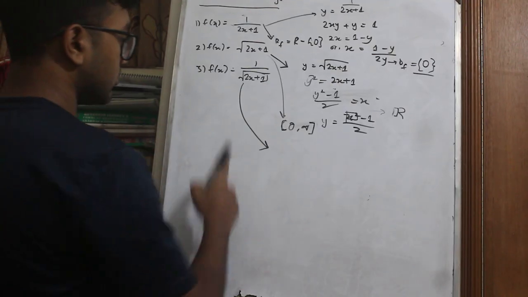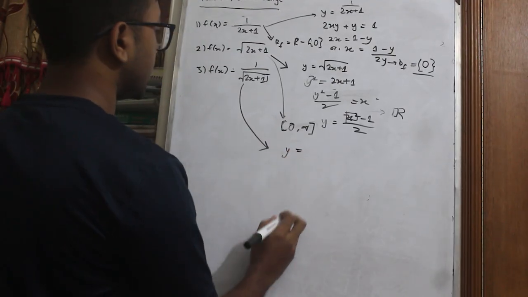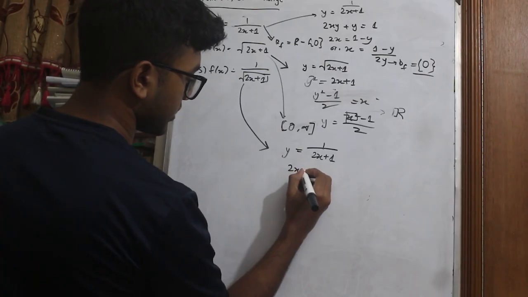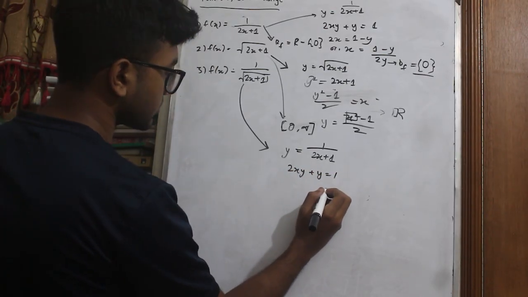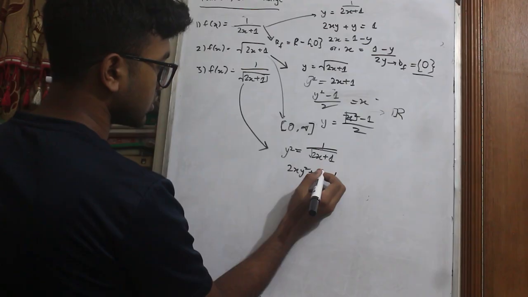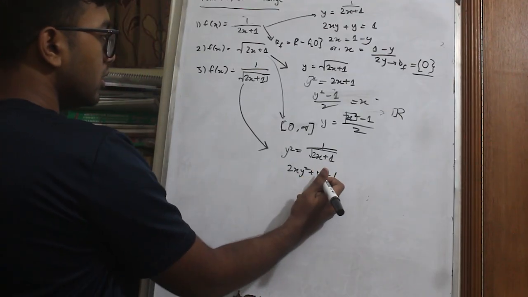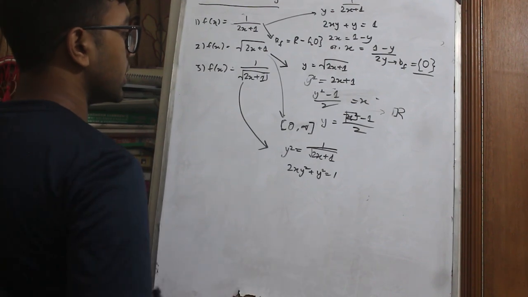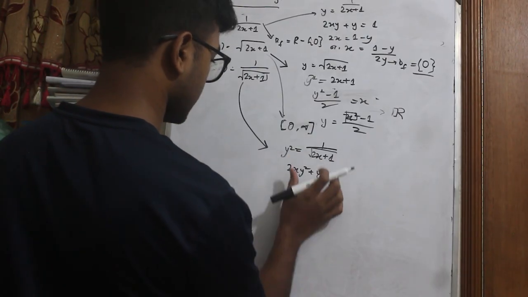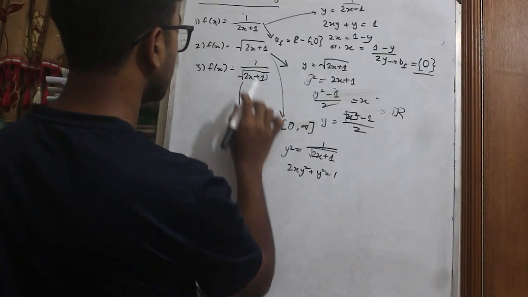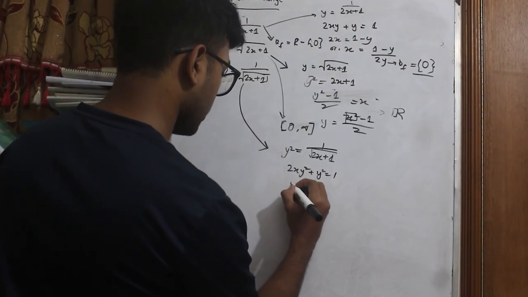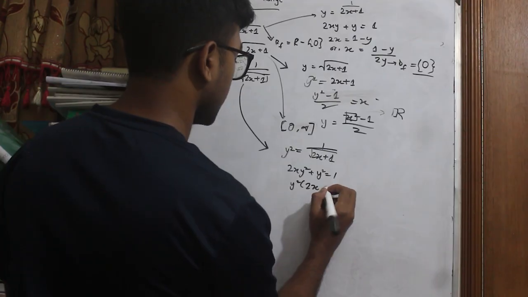Now going to this one, let's find out the inverse function of this. 1 by root 2x plus 1 is, well, actually, it's a square here, so y squared equals 2x.